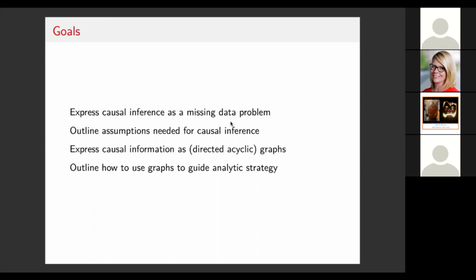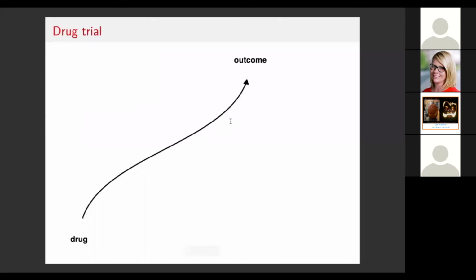So let's think about some of the simplest possible causal inference questions. You have a drug that you want to know whether or not it affects an outcome of interest.